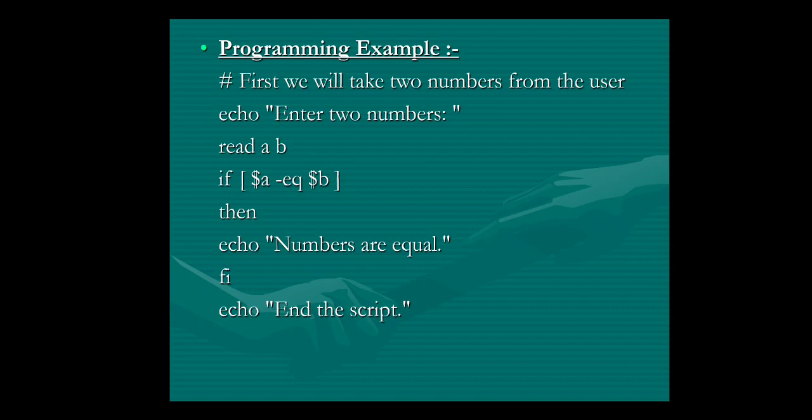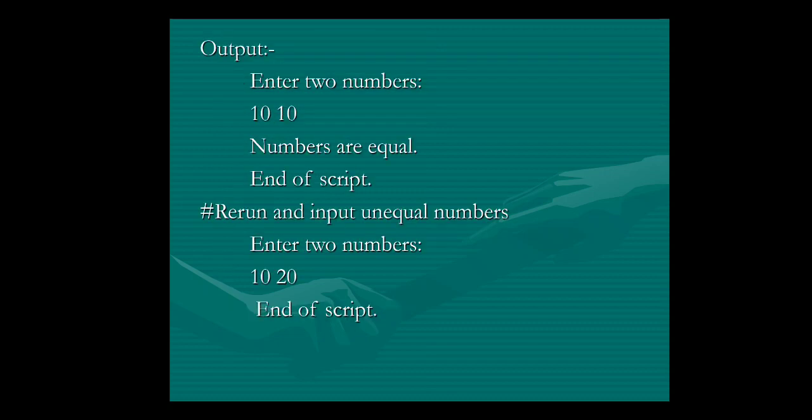In the fourth line we wrote the then keyword, which is fixed, as you can see in the general format of the if-then-fi statement. In the sixth line we wrote the fi keyword, which is fixed, for ending the if statement. In the seventh line we just print the end of script message through the echo command.